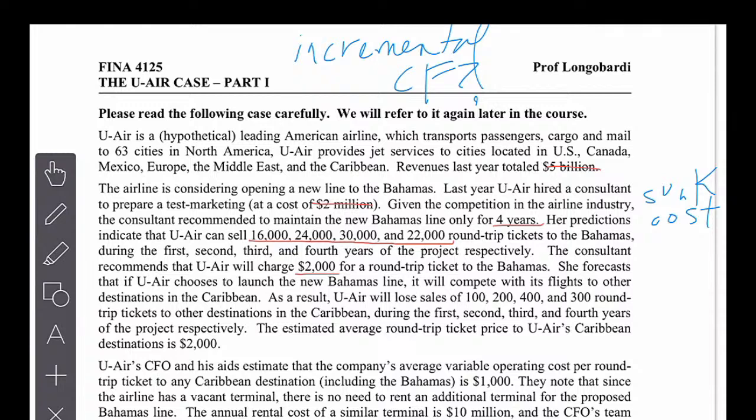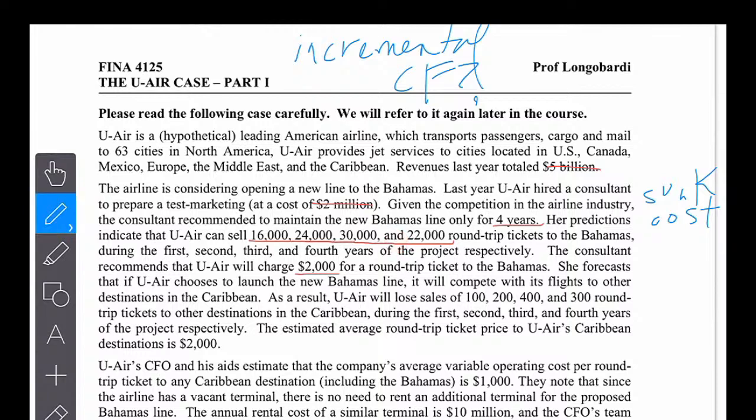They are cash flows. So if I put these together, 16,000 tickets at $2,000 each is $32 million, because I have 3 extra zeros here, and I already have 3, so I'm going to have 6 zeros and then 32. So that's 32 million. And then here it's going to be 48 million, and with the third year, it will be 60 million. In the fourth year, 44 million. What do we call that?